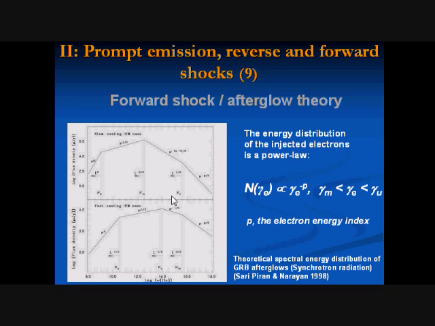The different segments of this spectral energy distribution are functions of three break frequencies, which are functions of time, and with time these break frequencies are evolving, and that's what gives the evolution of the spectrum. This is the most typical afterglow spectral energy distribution which has been observed in many cases.